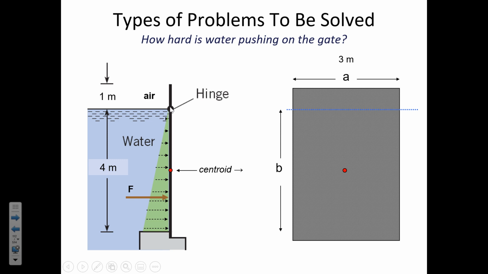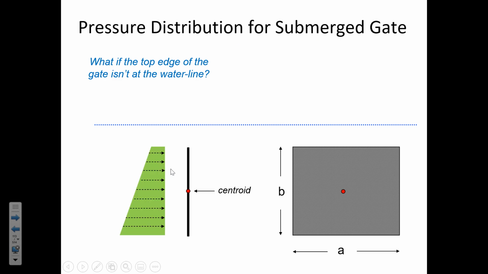The top of the gate is 0. The bottom of the gate is some maximum point. So there's a big distribution between the pressure at the top and the pressure at the bottom. And that drives the location of the force further below the centroid than will be the case when the gate is all the way submerged, like here. So the deeper submerged it is, the closer the force gets to the centroid. But you can calculate the precise location of that force.